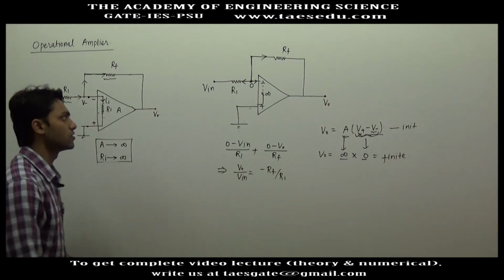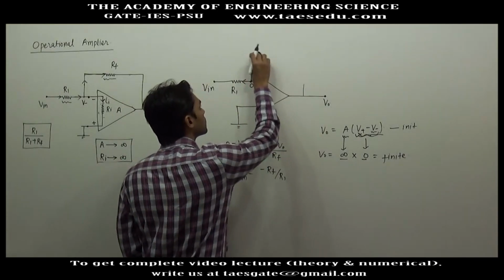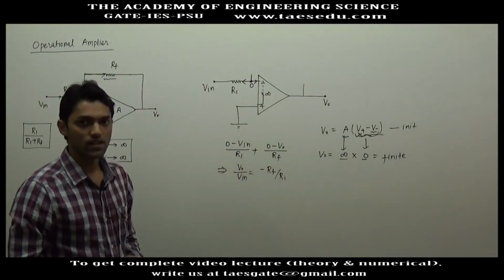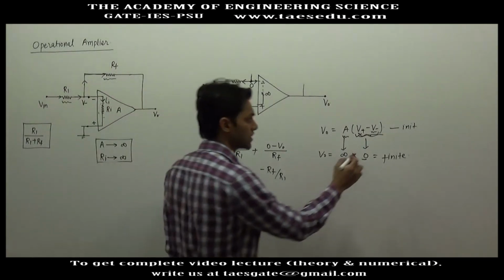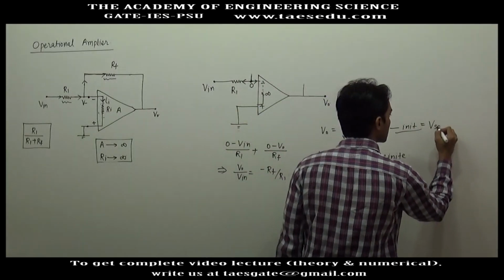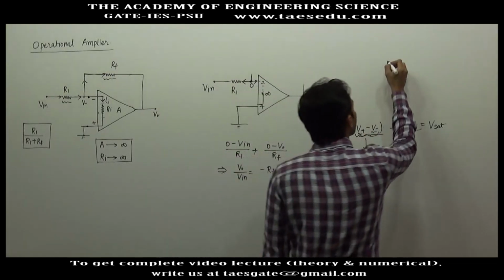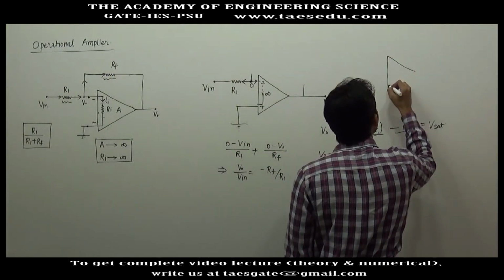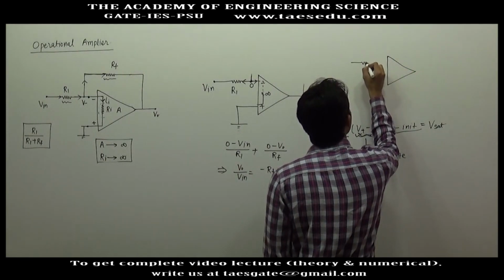So if you remove the negative feedback, you will always get a saturated output voltage. Infinite output voltage means saturated voltage. This will be V saturated. Or even if you connect a positive feedback, let me give you an example of positive feedback.